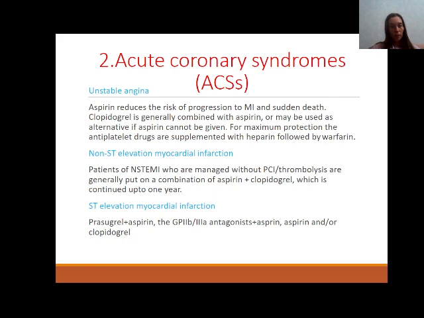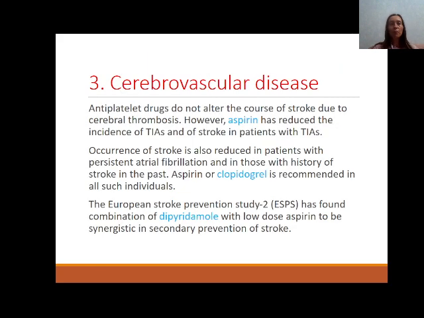In non-ST elevation myocardial infarction, the same, aspirin plus clopidogrel. And in ST elevation myocardial infarction, different combinations, like prasugrel plus aspirin, or a GP2B3A antagonist plus aspirin and/or clopidogrel.